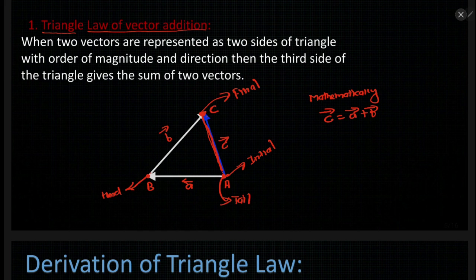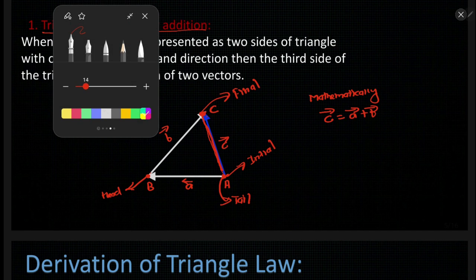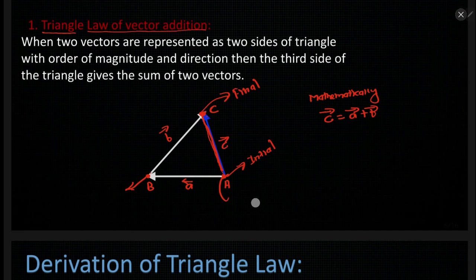Let me change the color of the pen. This is the tail of vector AB, and this is the head. Again, this is the tail of vector BC, and this is the head of vector BC.